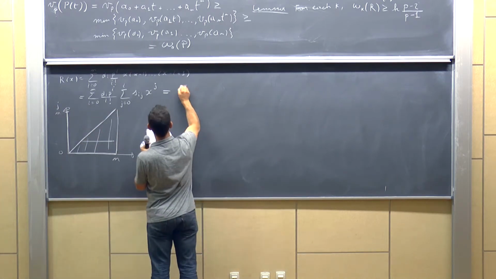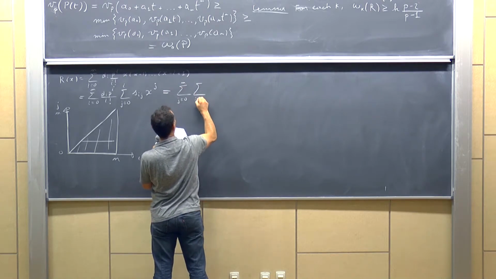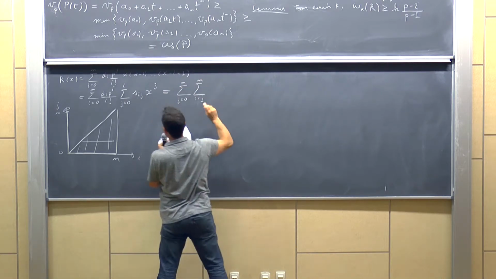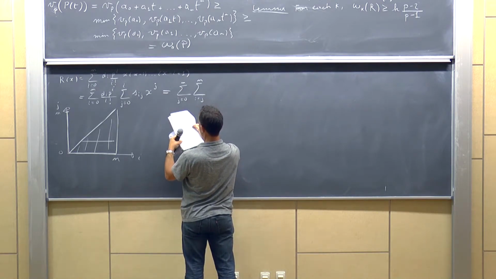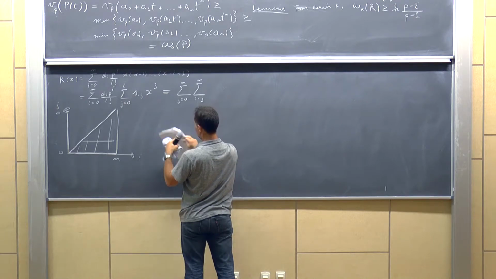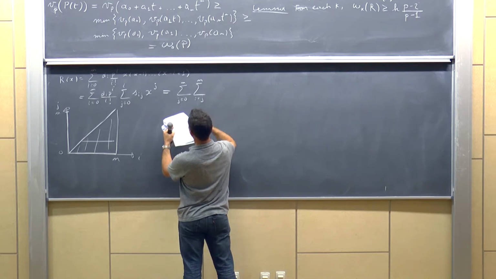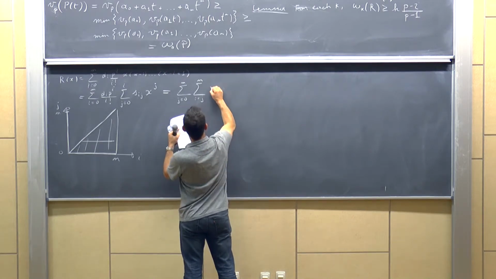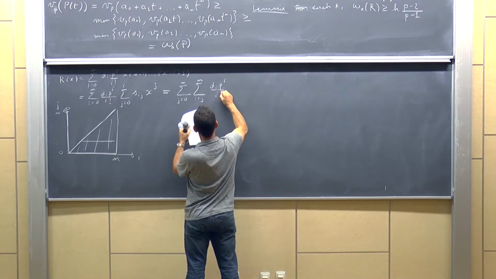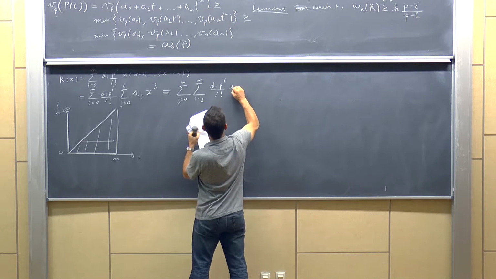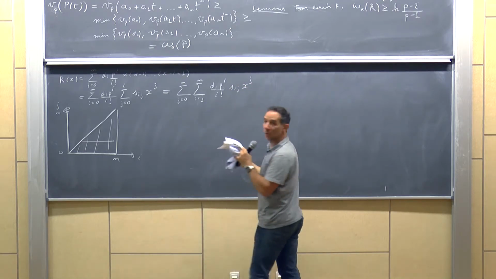So I'm rewriting this as the summation from j equals 0 to n, the summation from i equals j up to n of d_i p to the i over i factorial times S_ij x to the j. Okay?